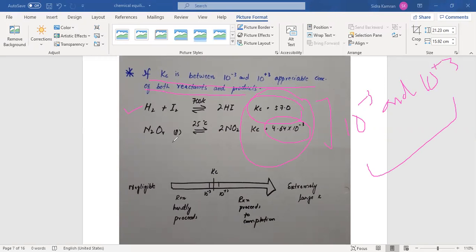They are at equilibrium. So by the value of Kc, we can get an idea about the extent of the reaction: how much reaction has proceeded, how much products are formed, and how much reactants are present in a chemical reaction.